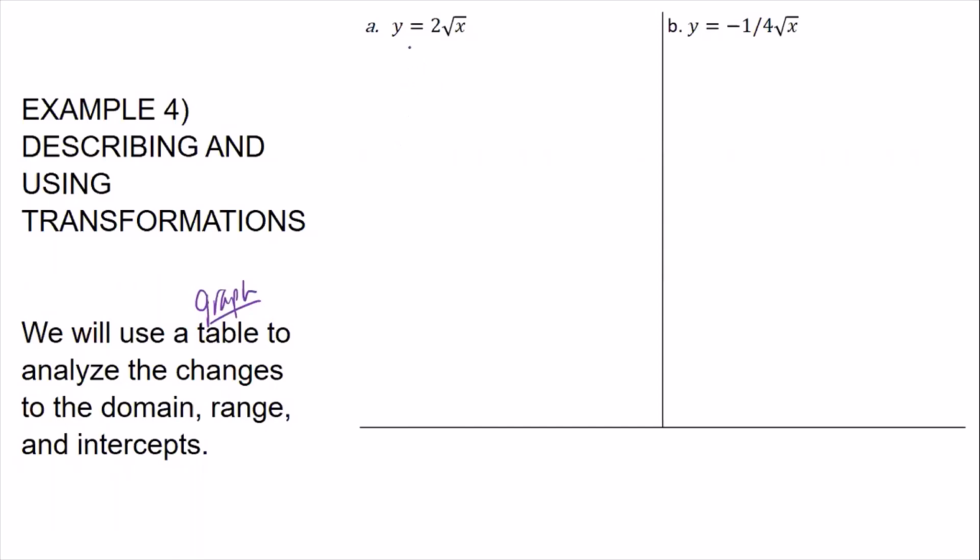So if I look right here, I have y equals 2 square root of x, right? That 2 is A, B, C, or D? Which transformation value is that? A. So we know that A equals 2. Do we see that? And because A equals 2 and the absolute value of this is greater than 1, what is happening to this function?